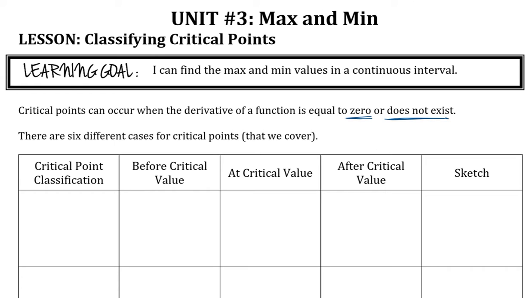And this is exactly why we did that, because that is how we find these critical points, and we'll learn to determine whether or not those critical points are maxes or mins.